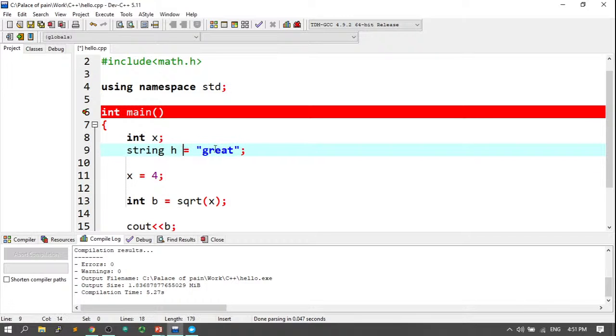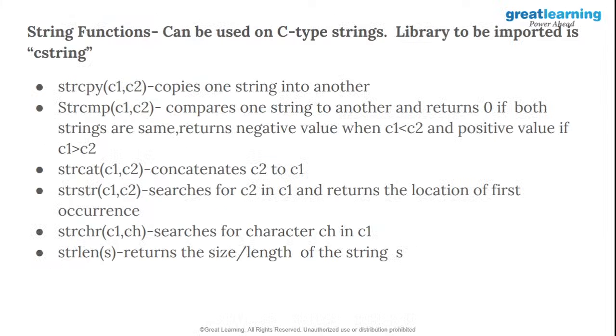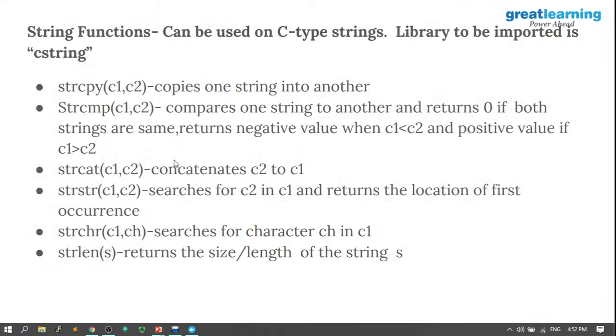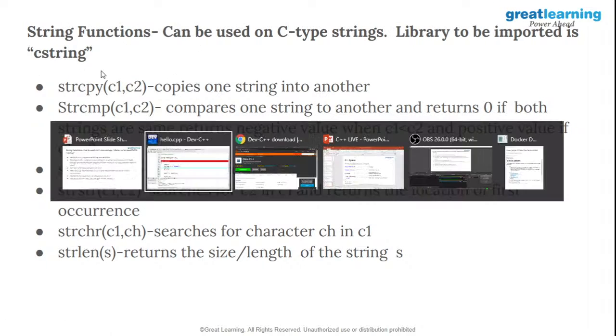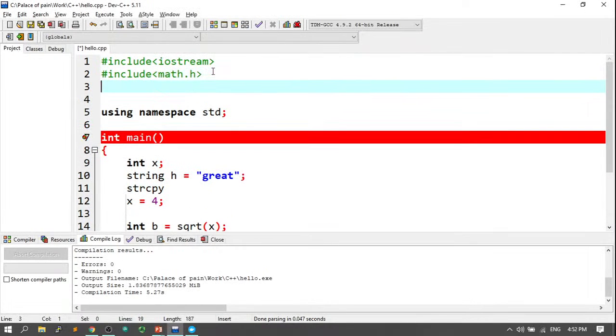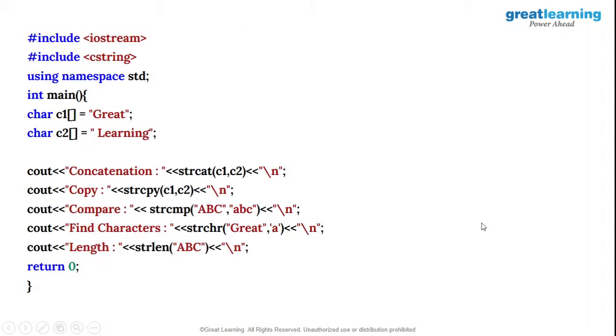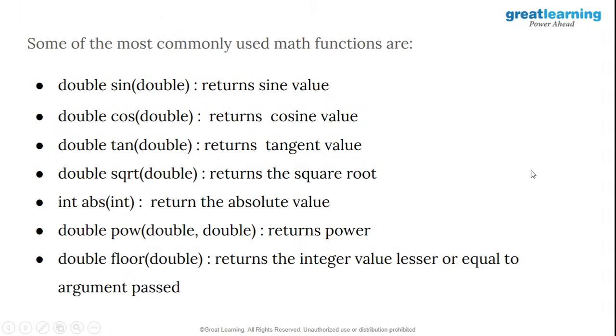So h has the value great now, right? And you want to copy h into something else, then you would use the strcpy command, but you have to use the library also with it, that is string.h. So it's a lot of things that you guys will get confused with if I tell it to you right now. So in future, I'll try to avoid including all of these things so that you guys don't get confused, okay? Maybe in a future lesson, we can cover this.